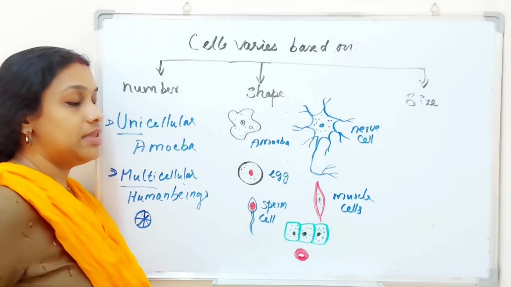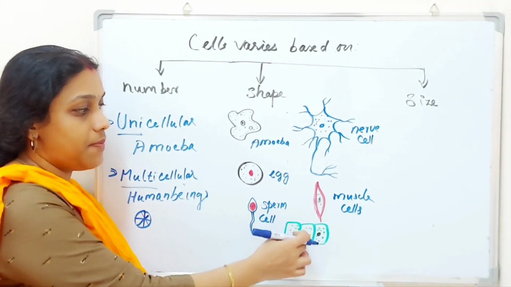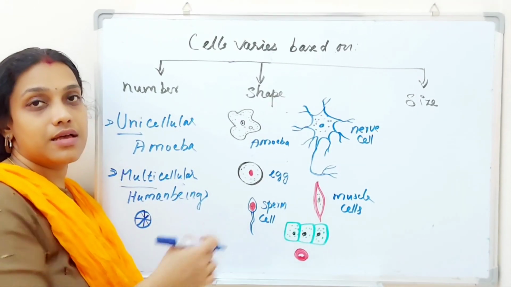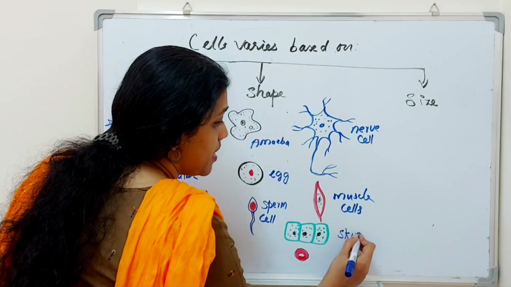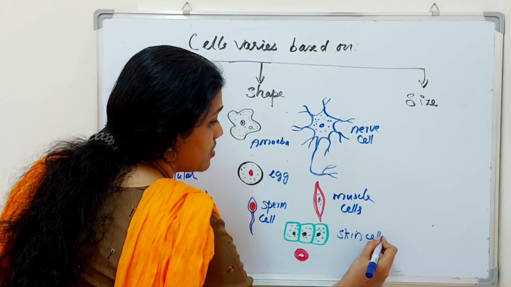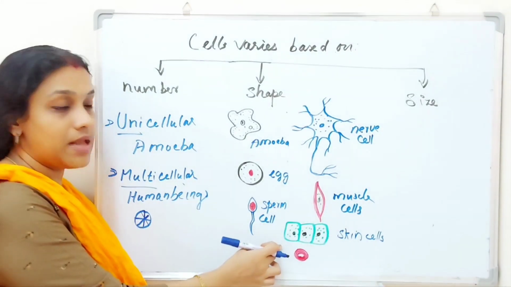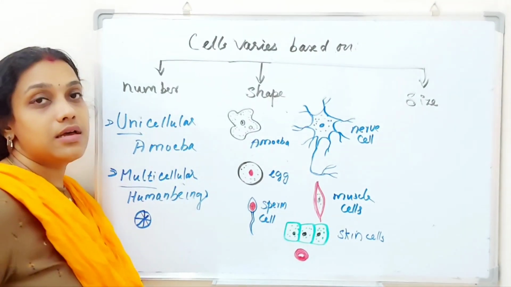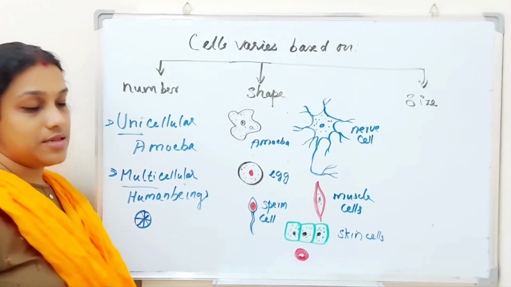Now comes the columnar cells, arranged in the pattern of columns. These are seen in skin cells. This pattern of cells is seen in the case of skin. So skin cells have a columnar pattern. Then again there is the spherical cell. Spherical cells are seen in the case of blood cells.